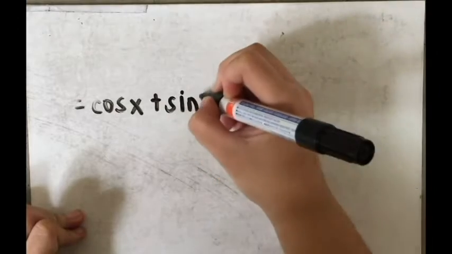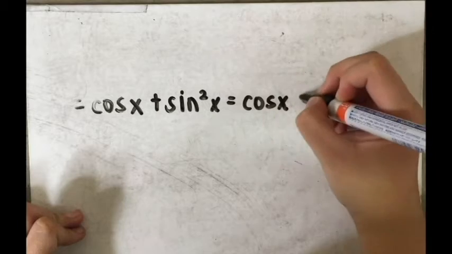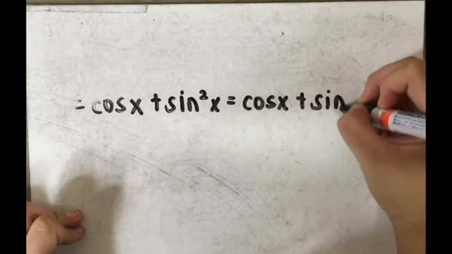When the remaining terms on the left side are the same as the right side, then you've successfully proven the identity.